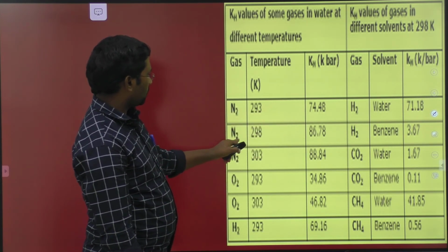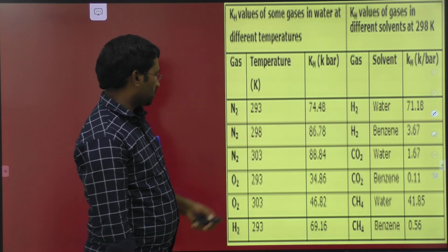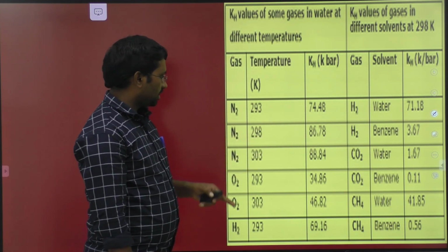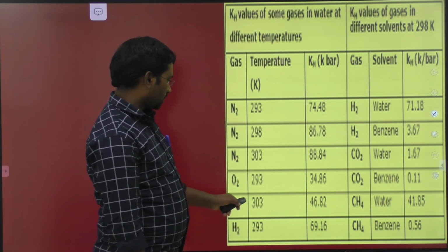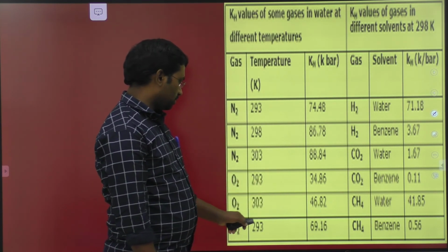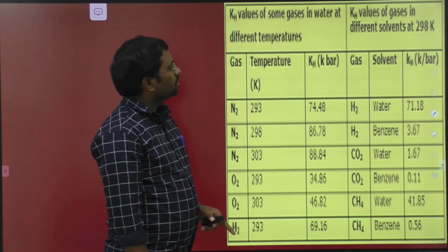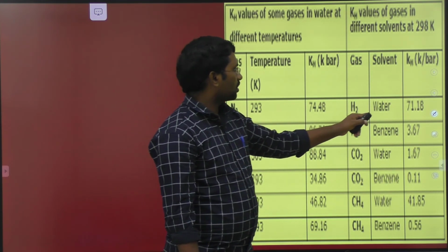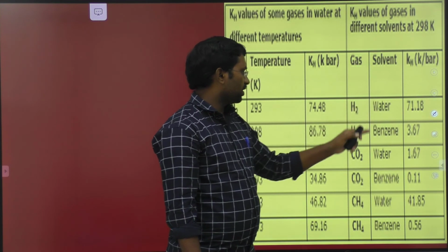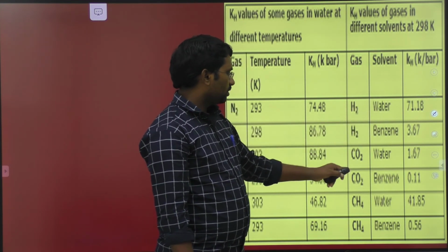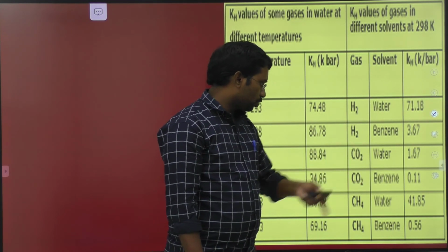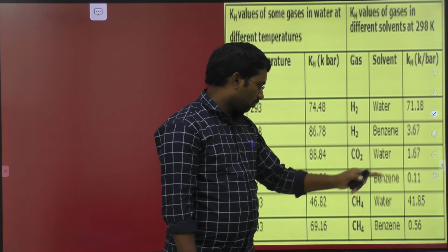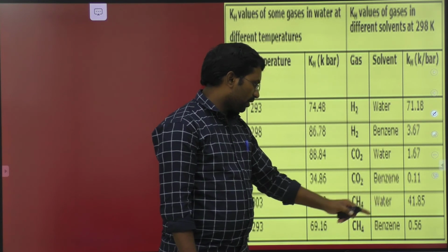For nitrogen gas at 298, 86.78. Nitrogen at 303, 88. For oxygen at 293, 34. For oxygen at 303, 46. For hydrogen at 293, 69. In case of hydrogen, the solvent is different: water 71, benzene 3 point something. Carbon dioxide in water 1.67, carbon dioxide in benzene 0.11, methane in water 41, methane in benzene 0.56.